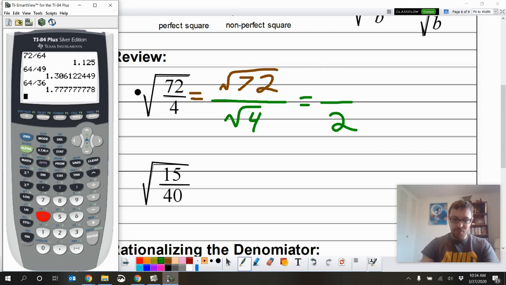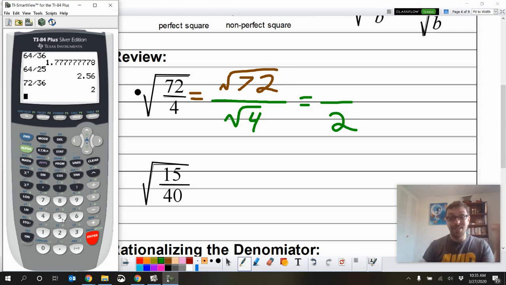Nope. 5 squared would be 25. That work? Nope. Why am I doing 64? I'm trying to do 72. Oh, no. I'll just fix that. Well, 36. There it is. Okay. Sorry, I was doing all those other ones.